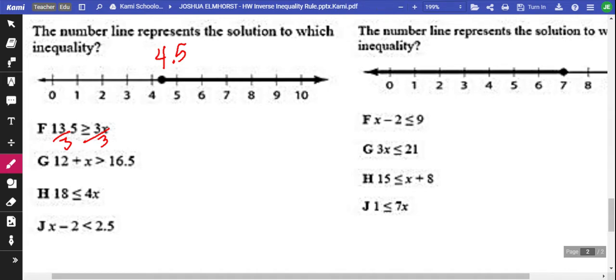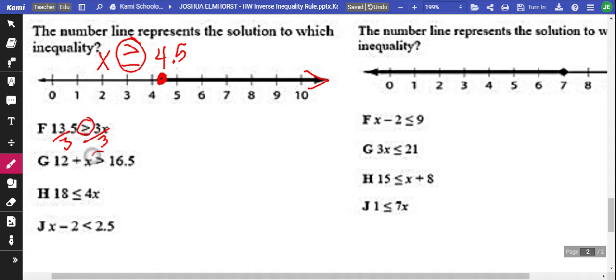Okay, and so we're going to put the variable in here. So let's say x. This line is shaded, so it's equal to, and it's going to the right, so it's going to be greater than. So x is greater than or equal to 4.5.